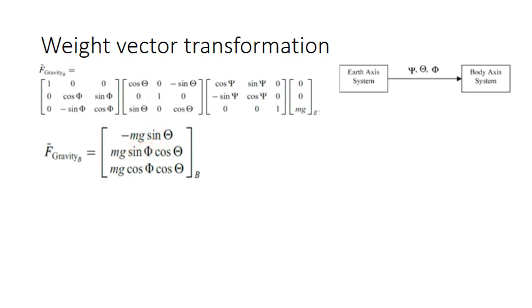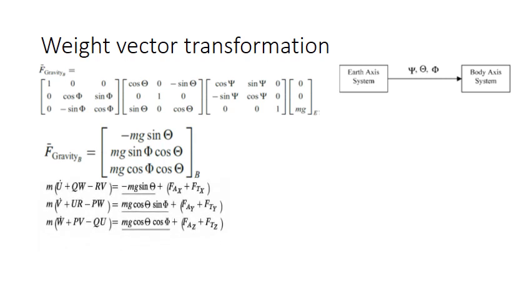In summary, the input to the gravity equations are the numerical values of Euler angles theta, phi, psi. The outputs of the gravitational equations are the components of the gravity vector gx, gy, and gz along the body axes x body, y body, z body, to be fed to the three translational equations of motion, as follows.